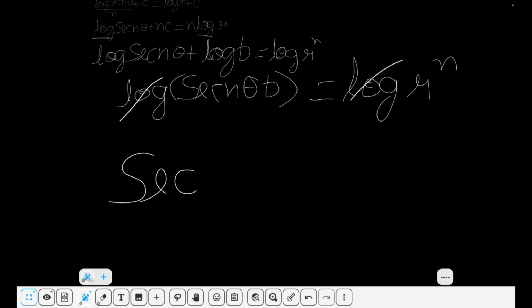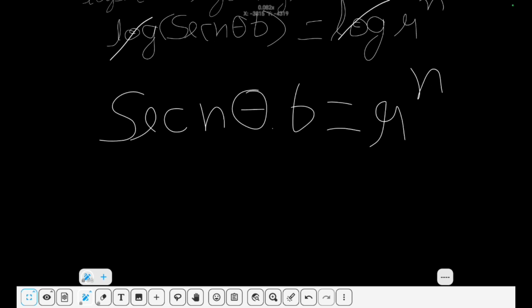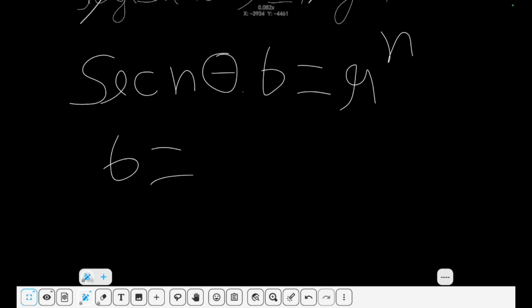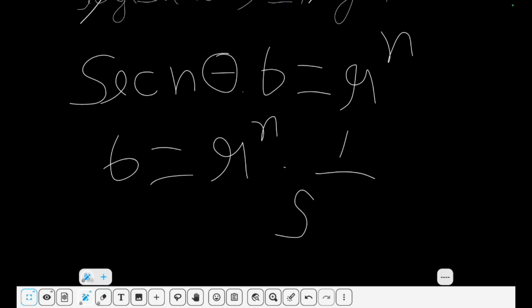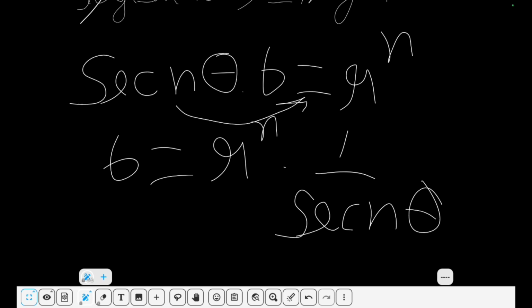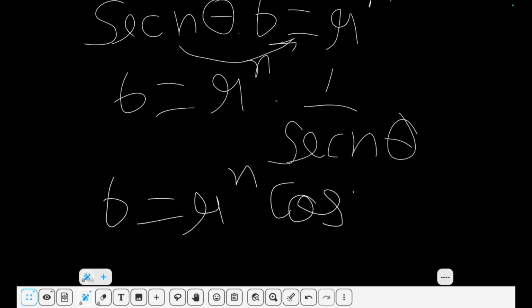Secant n theta into b, that equals r power n. Now we need r power n as b. So b equals r power n into secant reciprocal, right? So 1 by secant n theta, if this goes to the right side, it will become 1 by secant n theta. So 1 by secant is cos. So b equals r power n cos n theta.